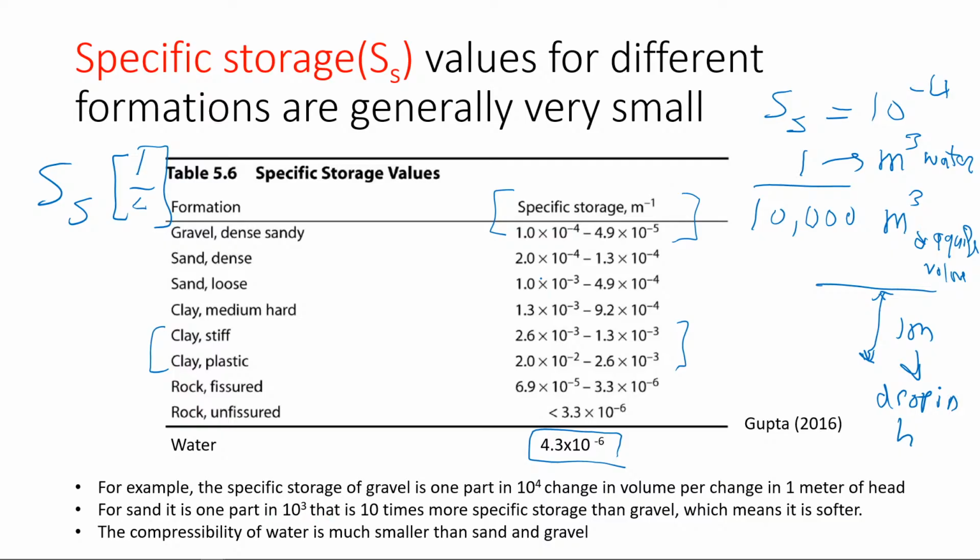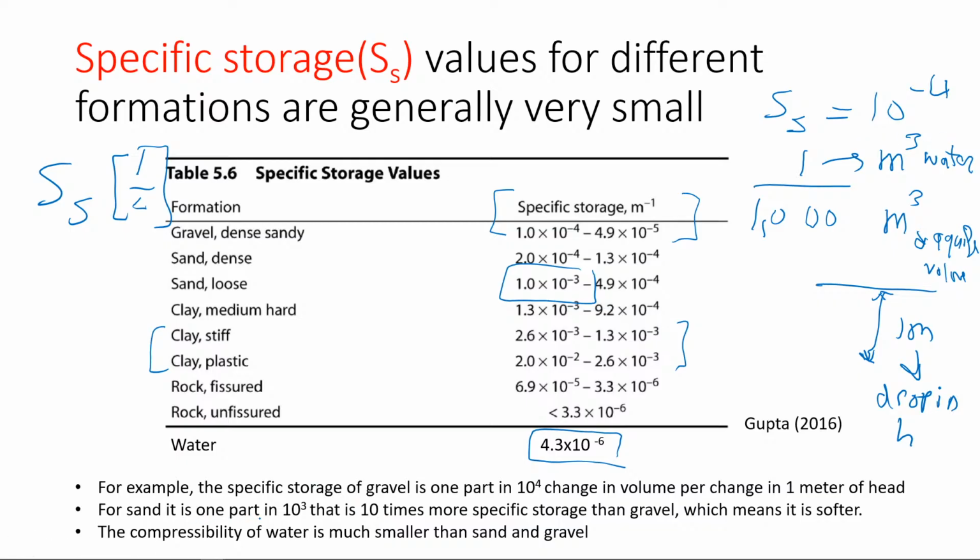For sand, it's a little bit bigger. For sand, for every 1000 meter cube of water, I can release 1 meter of water.